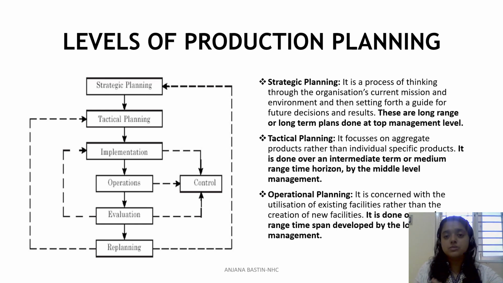When you see a competitor using a better technology to increase their production volume, then you decide to do the same thing. Operational planning comes from the lower level management, who believes that it is better to effectively utilize the existing facilities rather than going for a new set. So I hope these are clear to you. All right.